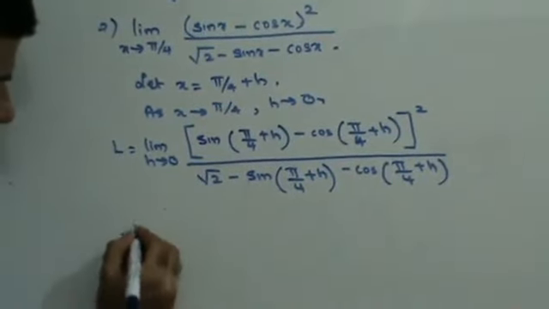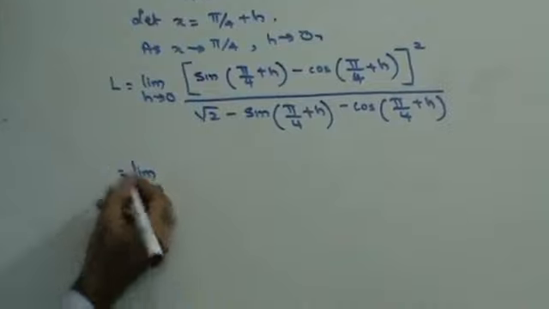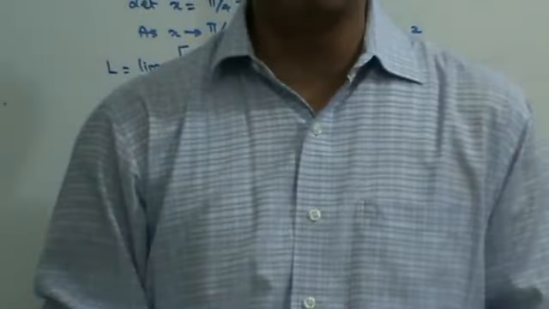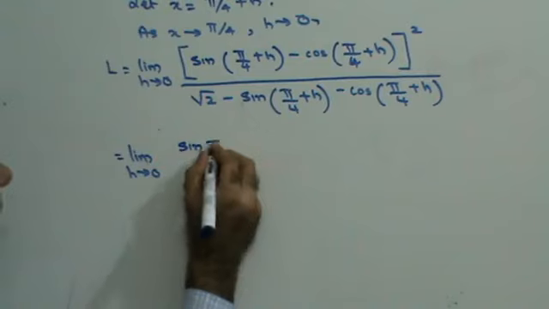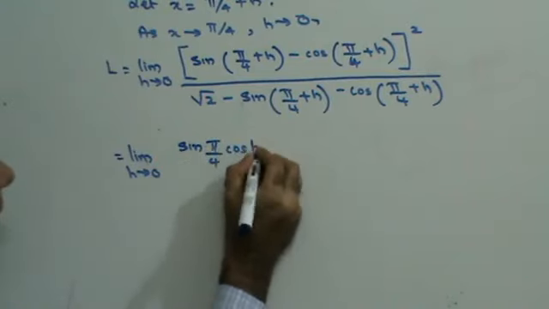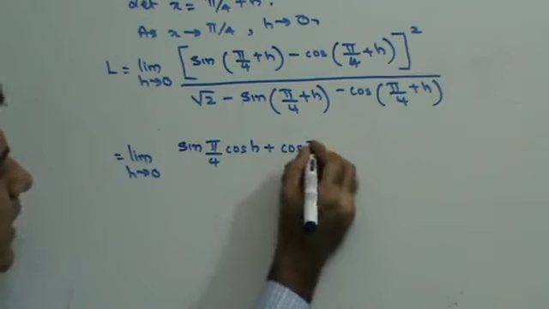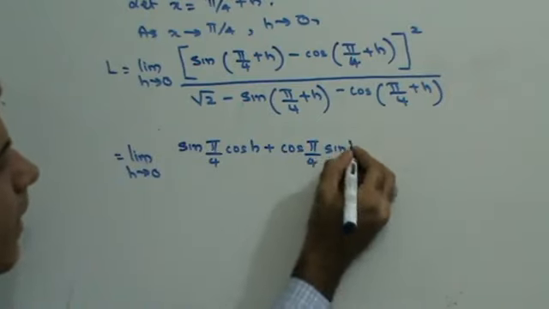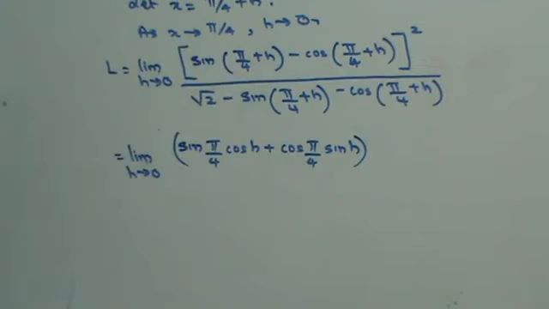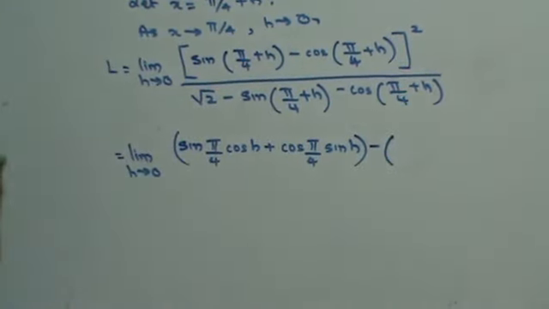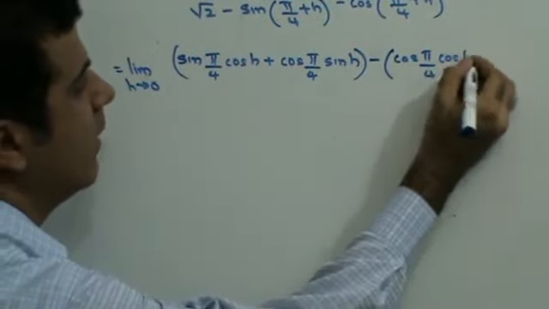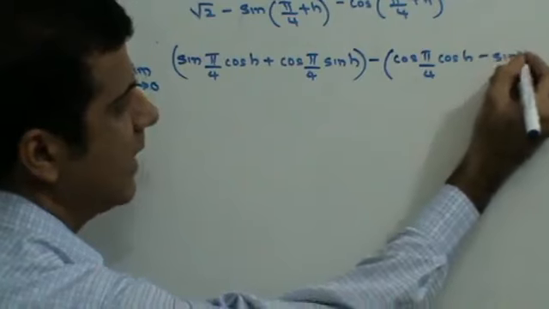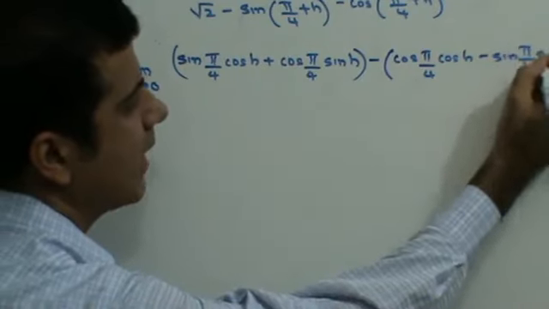Now, here you will use the addition formula. Sin a plus b is sin a cos b plus cos a sin b. Expansion of the first bracket, minus cos a plus b is nothing but cos a cos b minus sin a sin b.